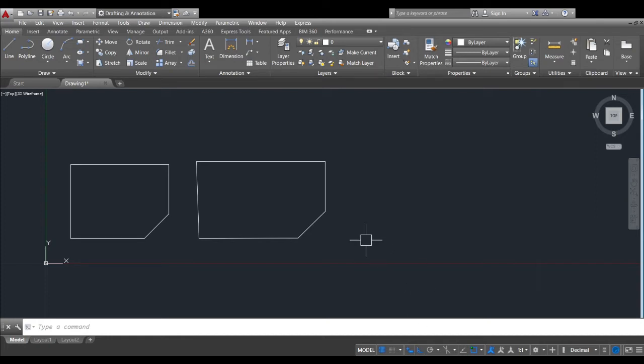So, line command again. Let's turn it off first so we can draw the angled line, and we can turn it on again.